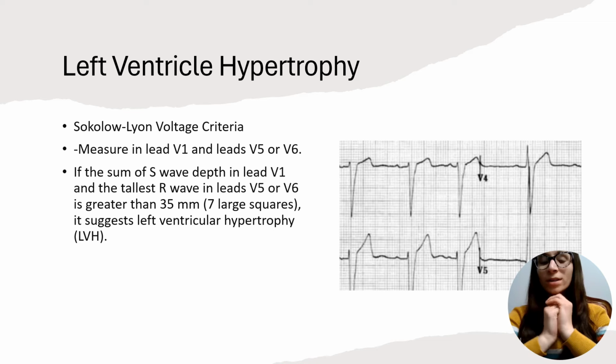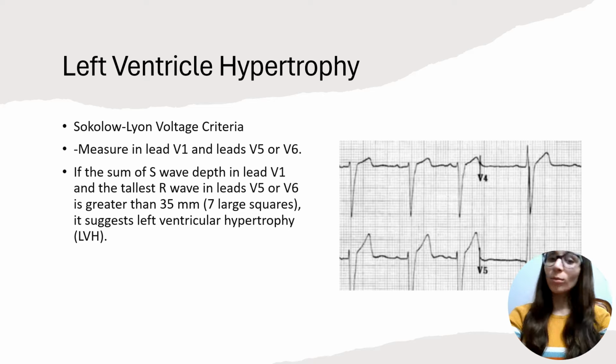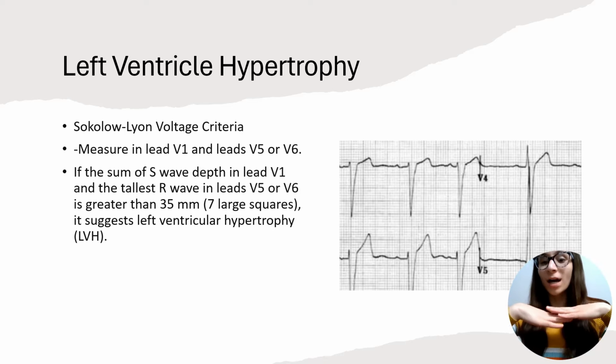This is going to cause an increase in the voltage of the QRS complex, because more muscle mass means more electrical activity. So what you're going to see is a taller and deeper ventricle contraction, or QRS complex. It's going to be taller and deeper, because as you remember, time goes this way on an EKG and voltage goes up and down.